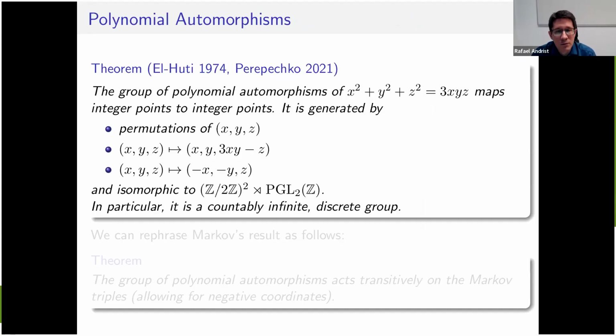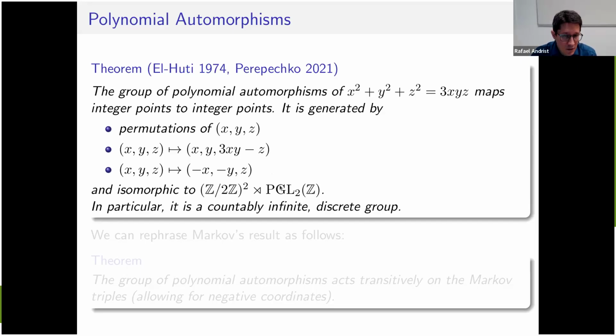But it was the paper by Sasha Perepechko where the automorphism group was actually precisely identified, as far as I understand. And what we have are the permutations, we have this involution, and then we can flip two signs of the coordinates. And these together generate the automorphism group.